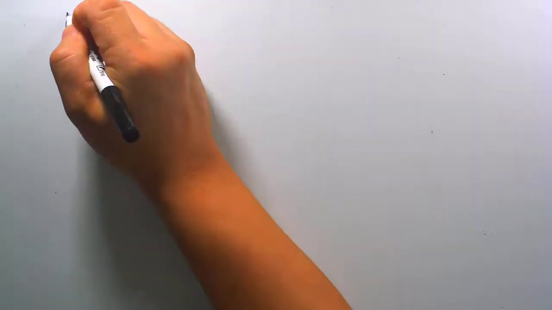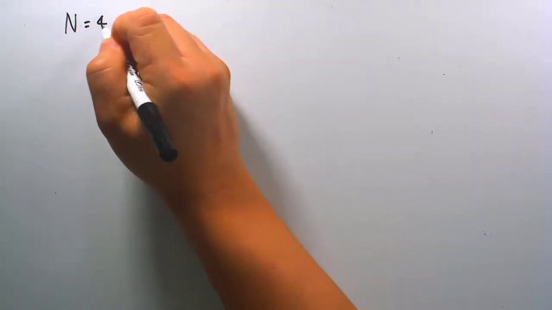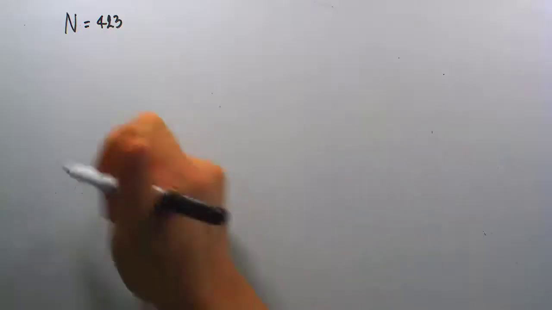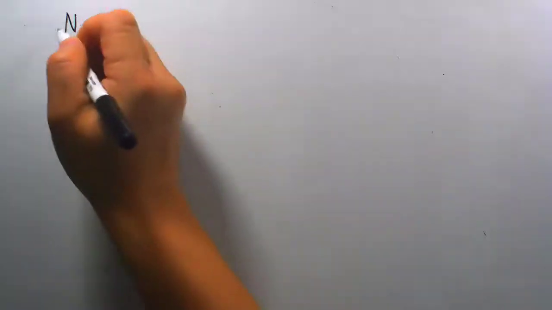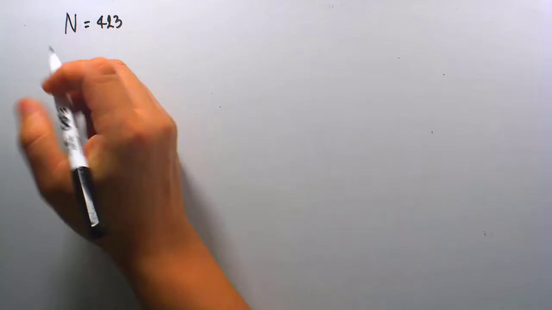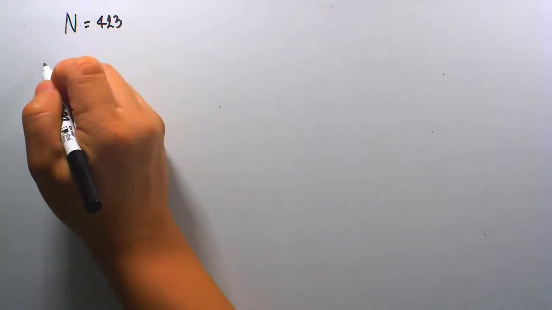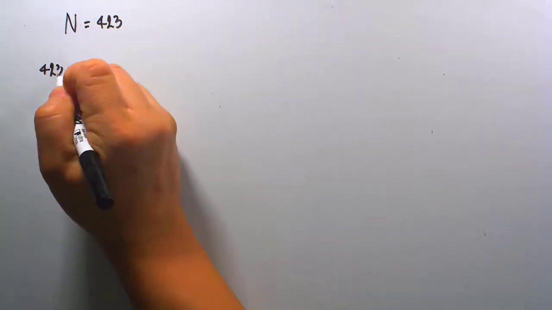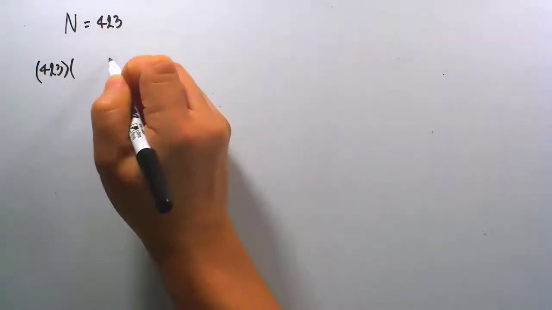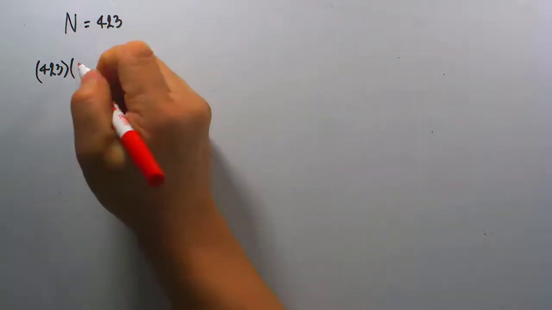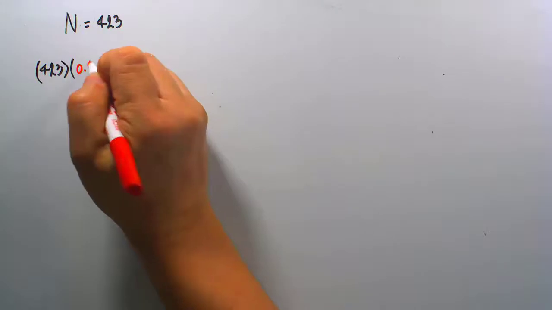And again, with our sample being as large as 423, with this sample size being 423, I am going to multiply that sample size with our currently accepted population proportion.